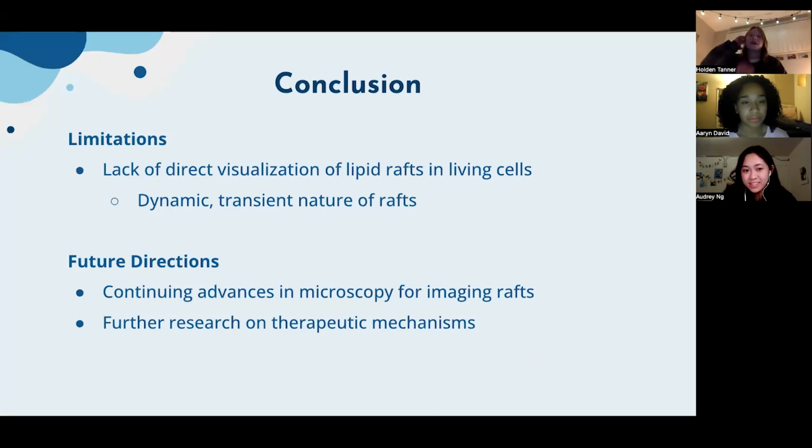And then as far as the research is as of now, there is a lack of direct visualization of these rafts because they are so small, dynamic, and transient. But in the future, to overcome this, we could continue advancing microscopy for better imaging of these rafts, and then also perform further research on how these rafts could be utilized as therapeutic targets for the conditions that we mentioned.